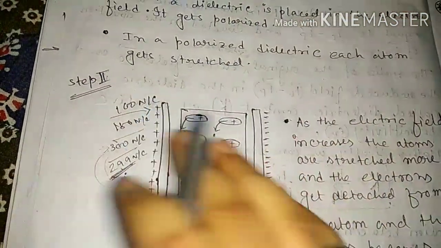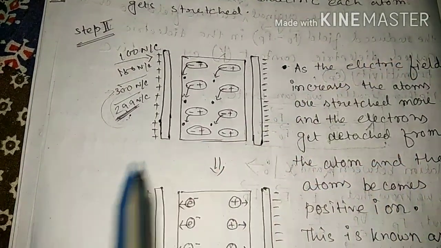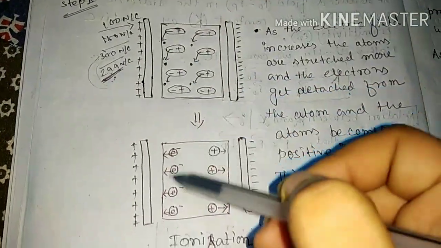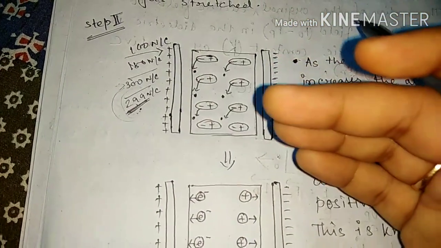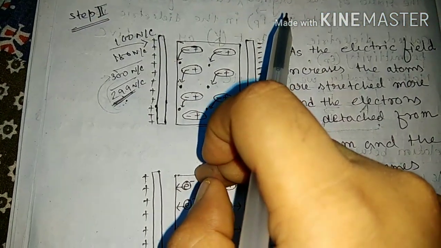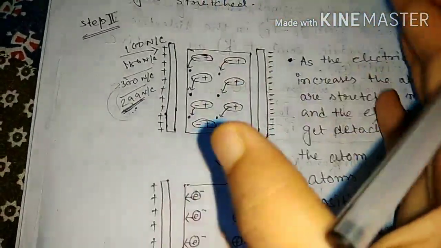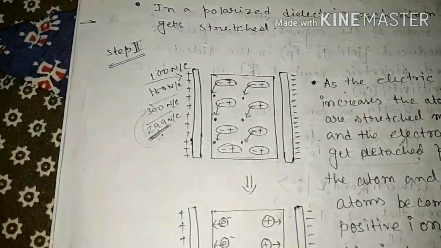Understood? So when the electron detaches from its atom, that is called electric breakdown, because after that the ionization process is done. So before the ionization process, that is the maximum value for this dielectric substance where the electrons cannot detach from their atoms. That is called dielectric strength. Okay, so here the definition is written over there.